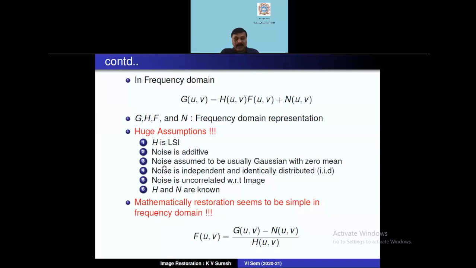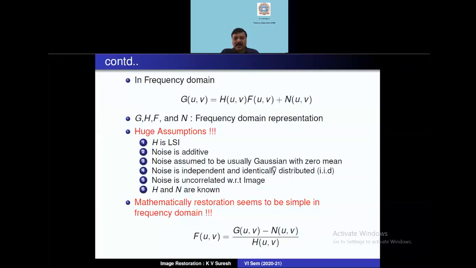Another third thing is that noise is usually assumed to be Gaussian. We will take different noise models a little later. So we make a Gaussian assumption for noise. All of you know the bell-shaped curve for the Gaussian distribution.